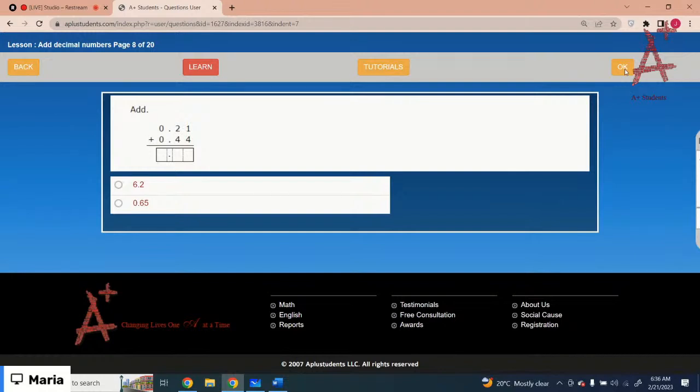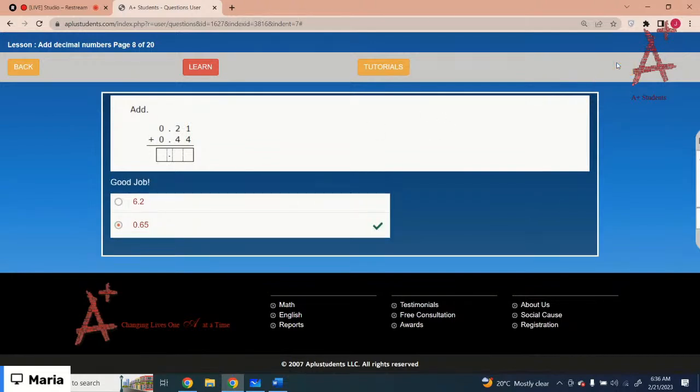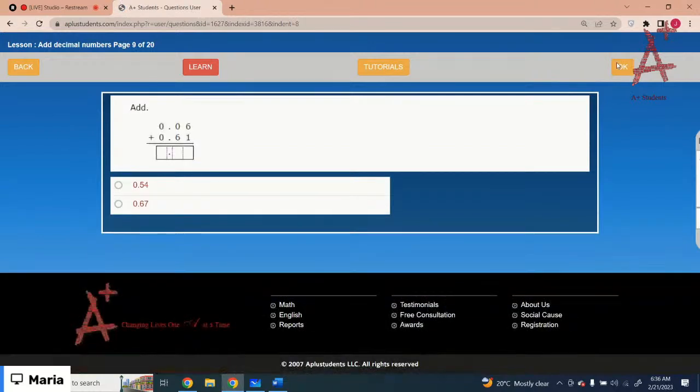So the correct option is 0.65. Very good. Just select the correct option, then click on the OK button. Okay, the next one, the correct option is 0.67.